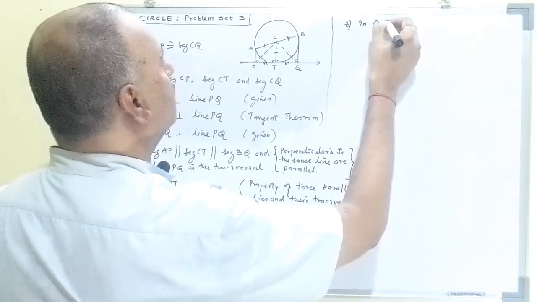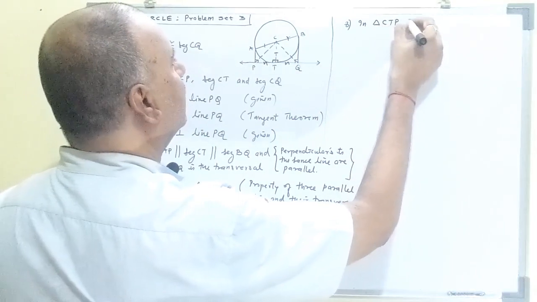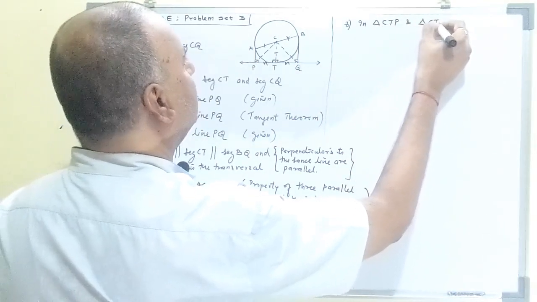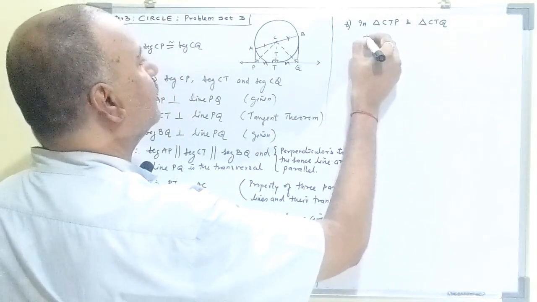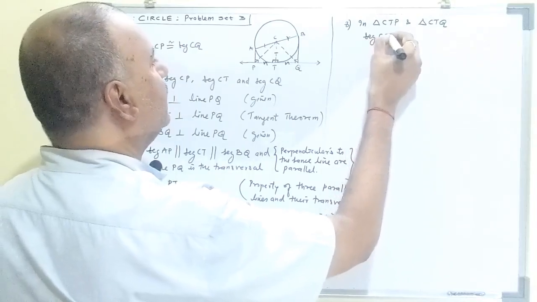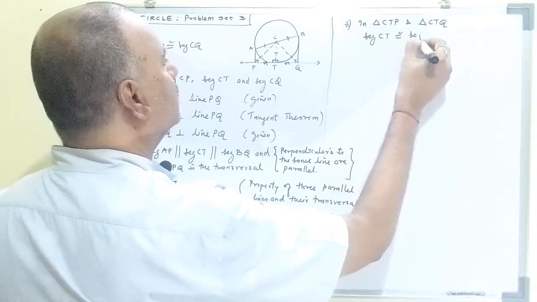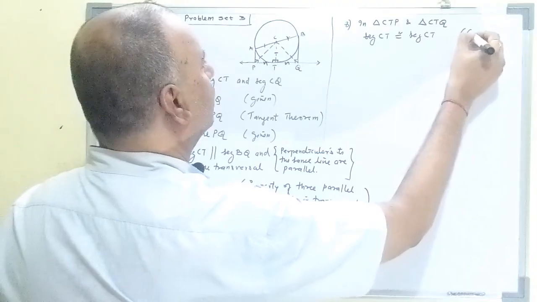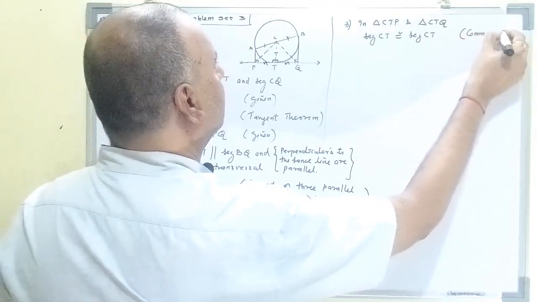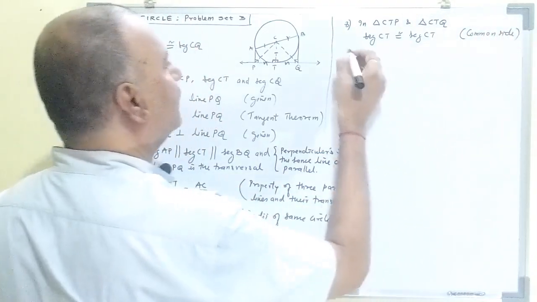In triangle CTP and triangle CTQ, seg CT congruent seg CT. This is common side.